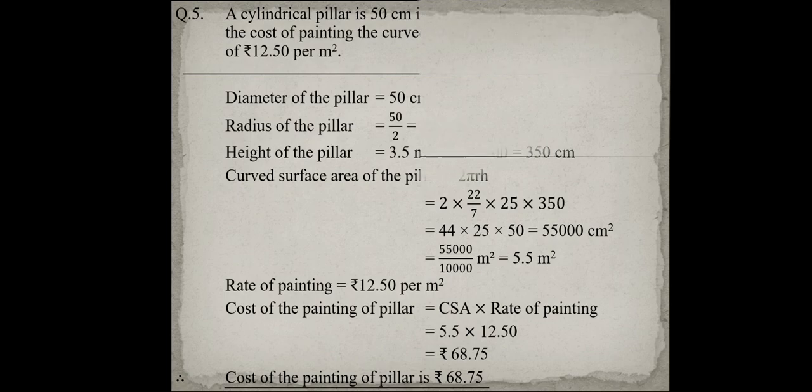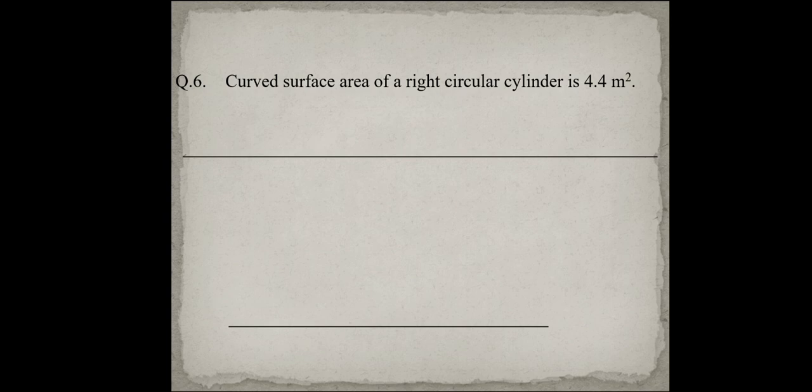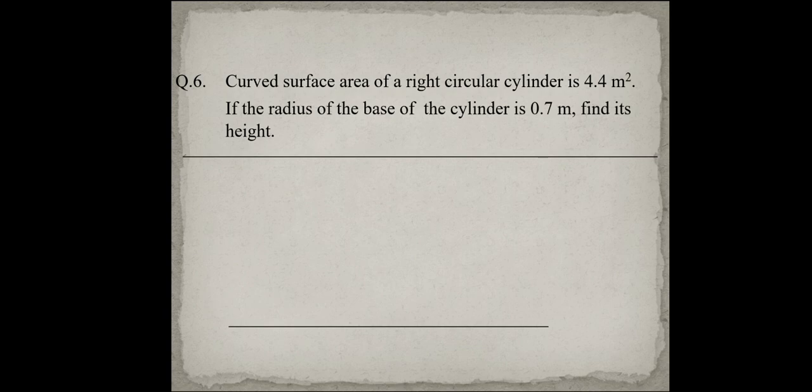Now move on to question number 6. In question number 6, the curved surface area of a right circular cylinder is 4.4 meter square. If the radius of the base of the cylinder is 0.7 meter, find its height. It's very simple.